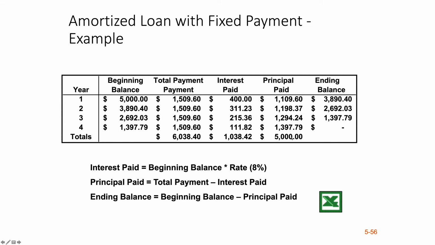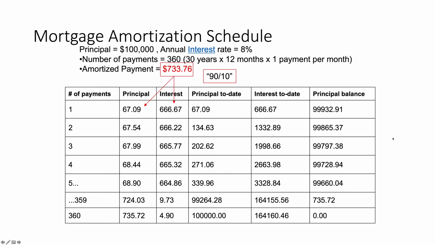Now, here I'm going to show you a mortgage amortization schedule. It's also called the 90-10 rule. What that means, during 2008 or before that, many people were constantly refinancing.